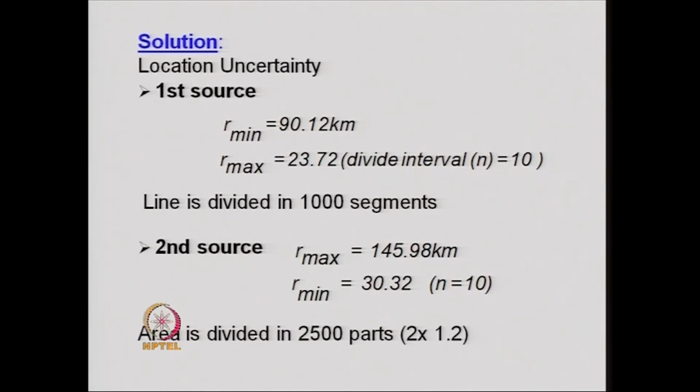Now we divide this maximum R and the minimum R into 10 equal divisions, so that there is a bin interval of certain value.